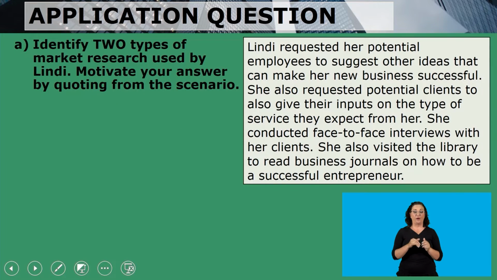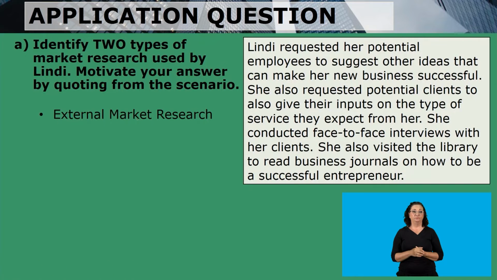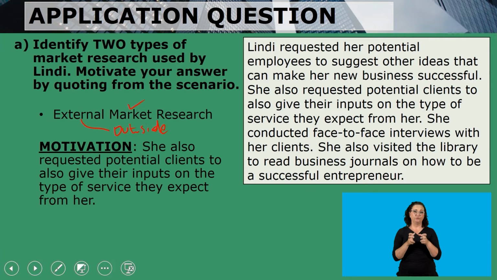Remember the question says identify 2. Right, the second one is external market research. How do you know that this was conducted externally or outside? So remember, external means what? Outside. Let us motivate our response. She also requested potential clients.